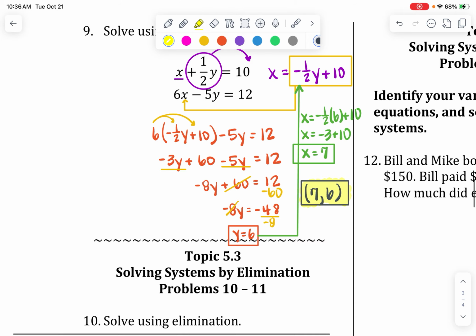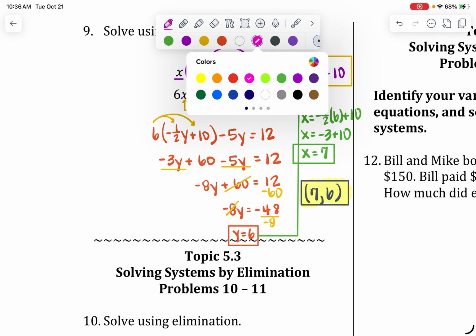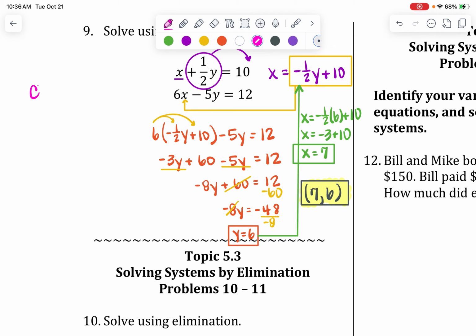Now, you better believe I'm going to go check that answer. Get back up. So I'm going to go over here. I'm going to check my answer. Now, I already used basically the top equation to find x, so I'm just going to check it with the bottom because I don't think I need to do both since I used the other equation already.